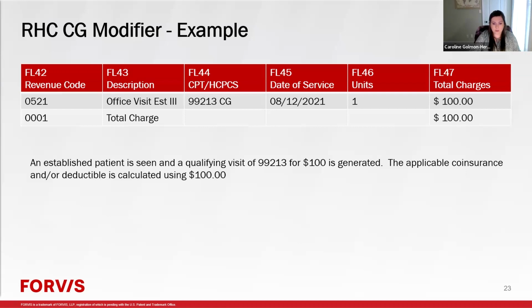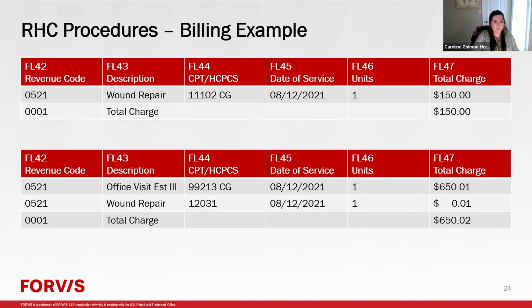There we go. So just as a billing example, if procedures are performed in conjunction with a qualifying visit, the CG would be appended to the qualifying visit, and the procedure would be charged for just a penny. So it'll roll up into whatever that medical visit is. Here in this example, if you were just billing for the procedure, you would put that CG modifier on the 11102, and that total charge would be $150.